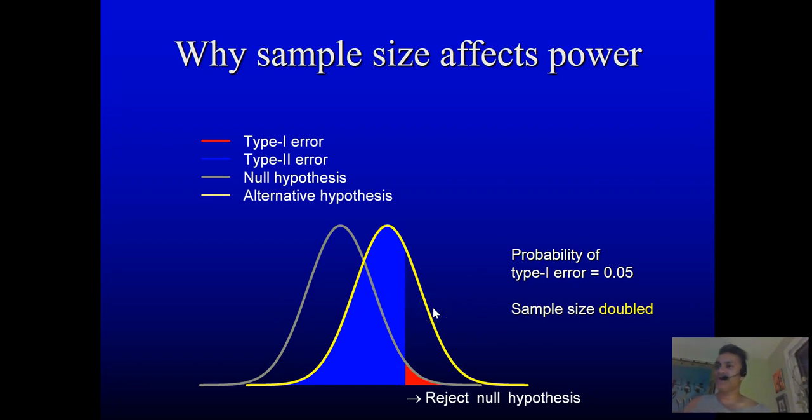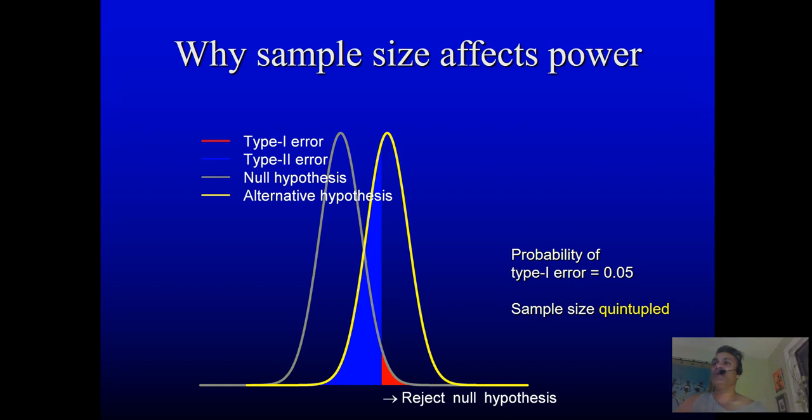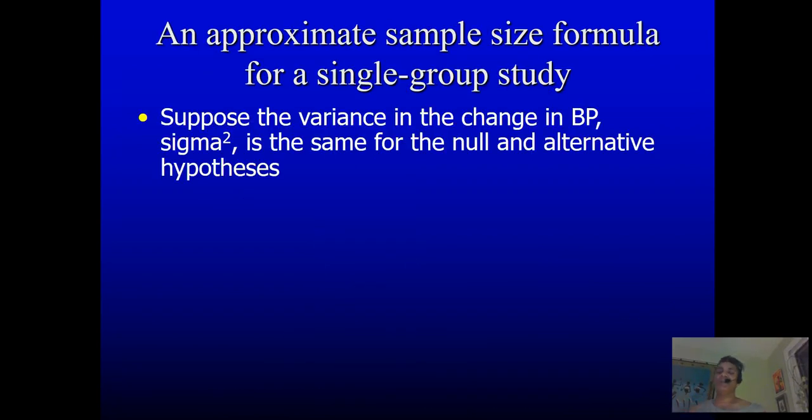So the amount of type 2 error got smaller. Here I've quintupled the sample size. It got smaller again. So in other words, the more sample, the less error. Okay. That's a long way of saying that sample size gives us more ability to detect, more resolution, with less error. So now it's time for me to show you some formulae for calculating sample size.